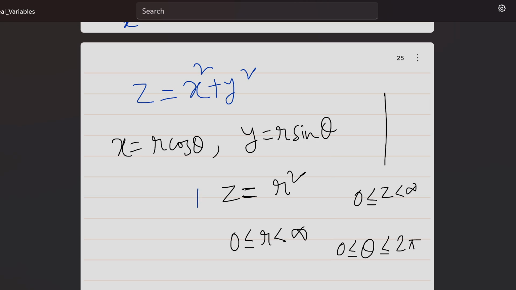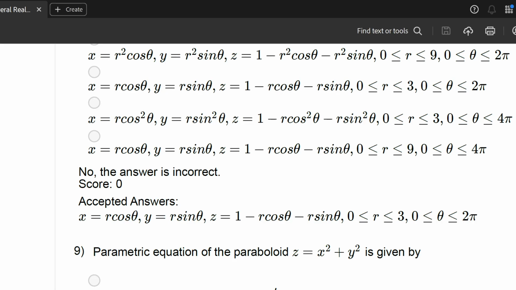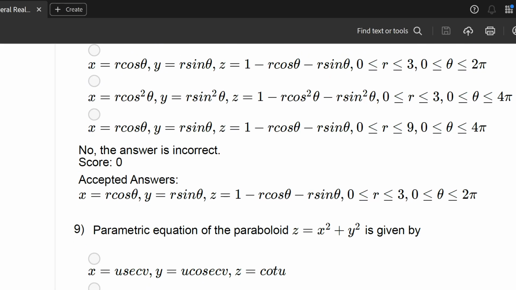Let me show you the answer. Here it is given in terms of u and v. So x equal to u cos v, y equal to u sin v, z equal to u square.